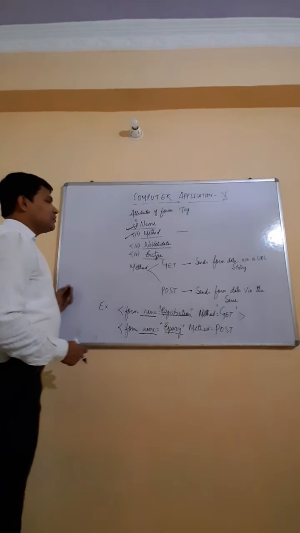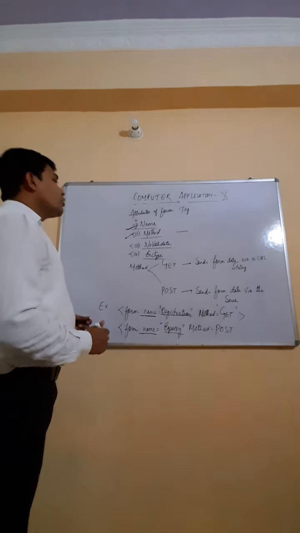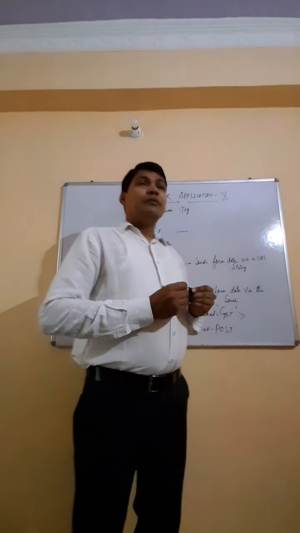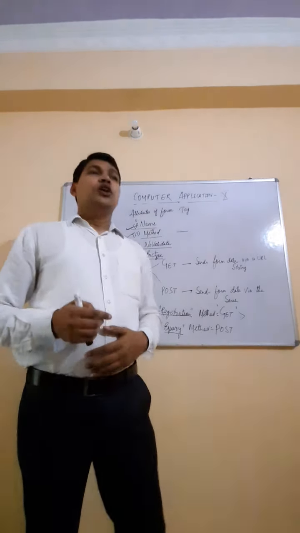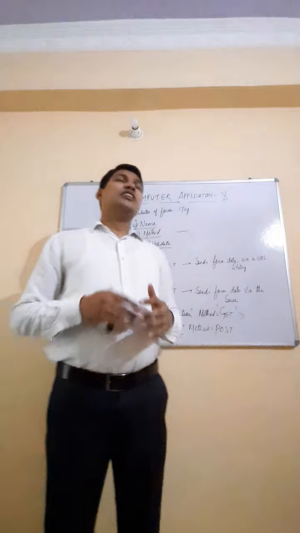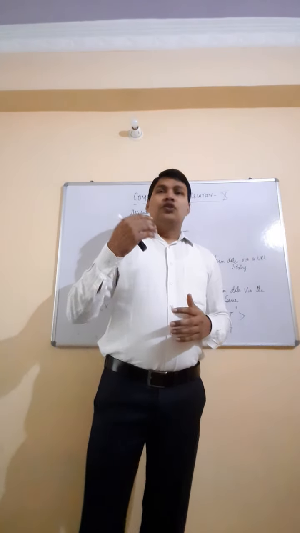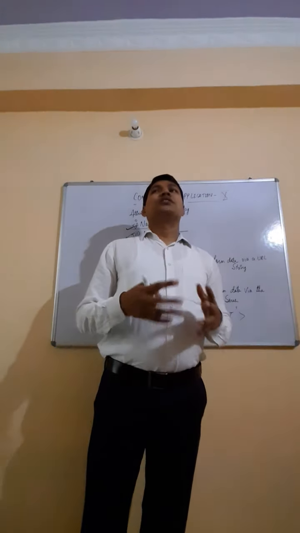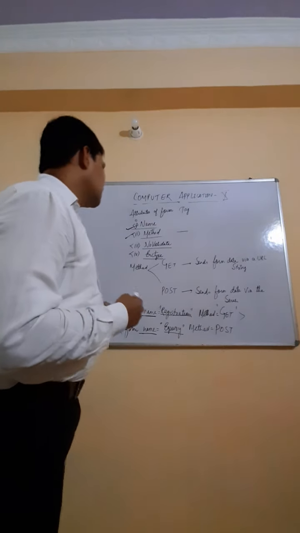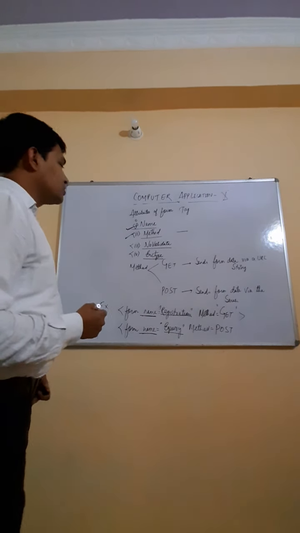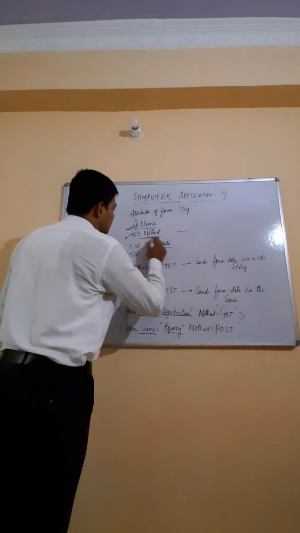The second thing that I am going to discuss is very important. When you click on the submit button of the form, the data goes to the server and is stored somewhere. There are two methods we use with the form.